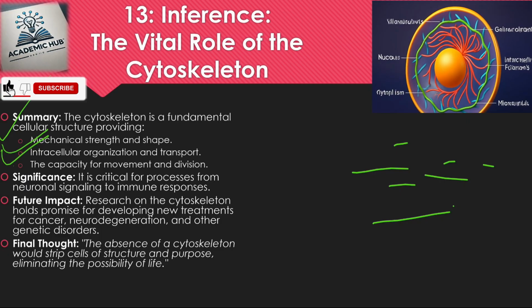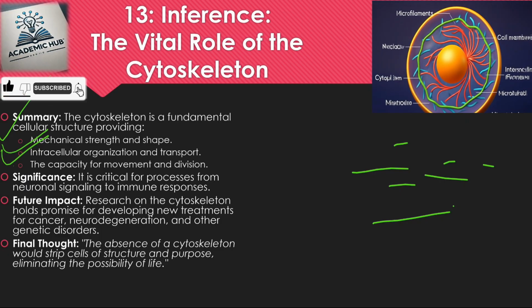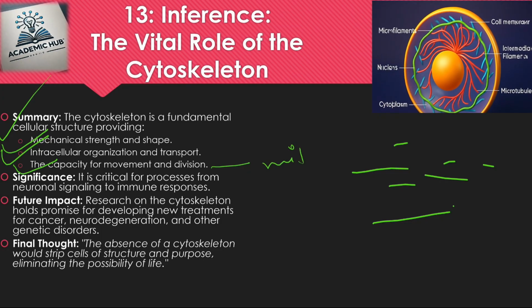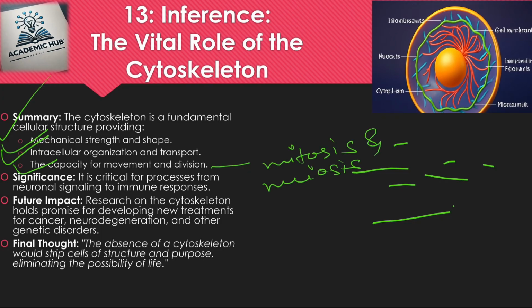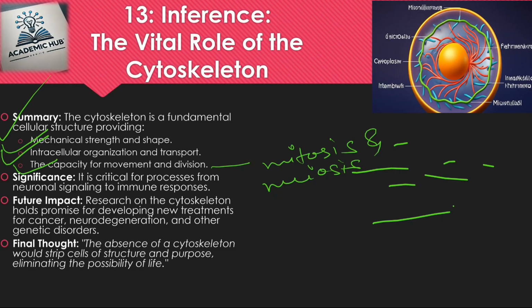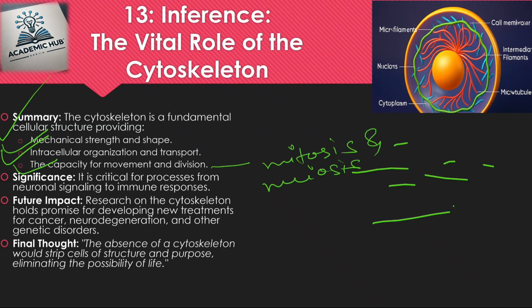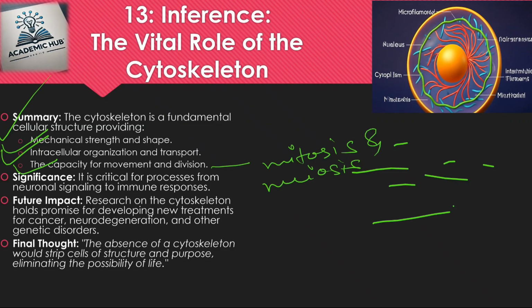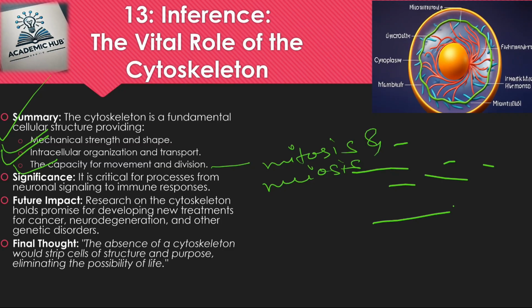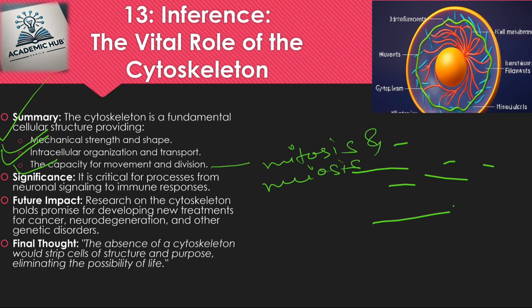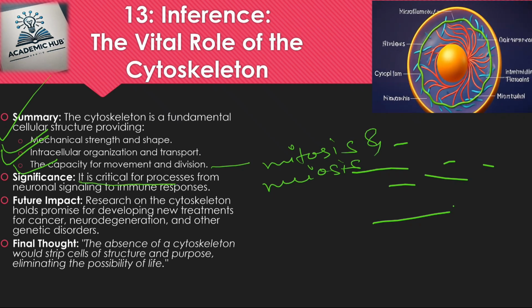It acts as a cellular skeleton and provides the capacity for movement and division, in mitosis and meiosis. It maintains shape, facilitates transport, enables cell division and allows communication. The absence of a cytoskeleton would strip cells of structure and purpose, eliminating the possibility of life. So this is the significance of the cytoskeleton.